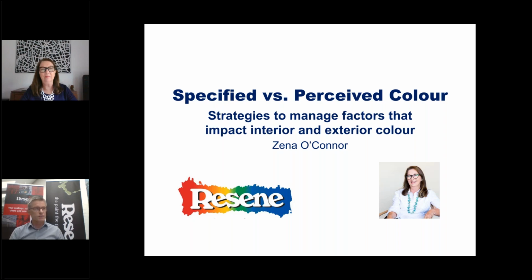And as Zena's mentioned, they're in different products, and so the colours can look different. So what we try and do is make sure where Resene colours are specified, then use Resene paint. And if someone else's colour is specified, it's probably a good idea to use their paint, and then no one has issues. So that's one that I'll cover off, Zena, after the webinar.